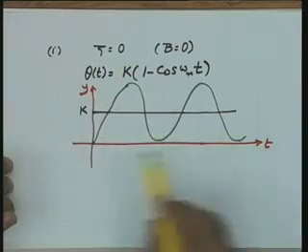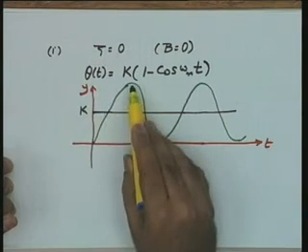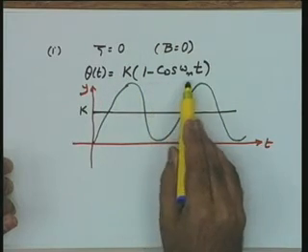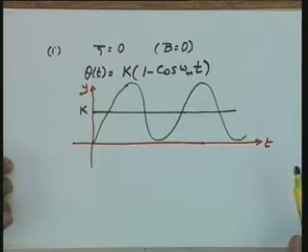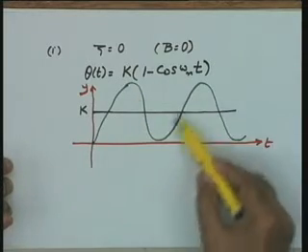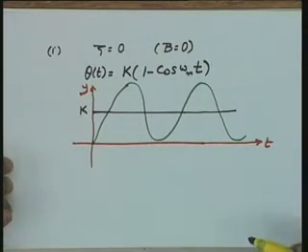Case 1 I am taking, and I have given you the expression for theta t directly here, which can be obtained by inverting theta s corresponding to the response transform given to you earlier. So, zeta equal to 0 is the case, and theta t is equal to k times 1 minus cos omega n t, and as you see it is an oscillatory response oscillating around the value k.